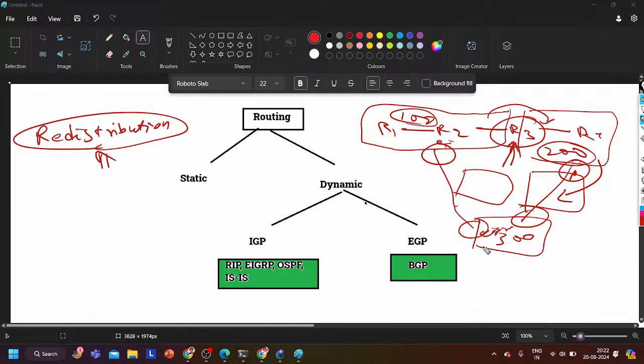So there is a chance that this company is going to redistribute the same AS 100 route again to AS 100. It will learn from AS 200, then advertise to AS 100. And this is the first issue of redistribution.